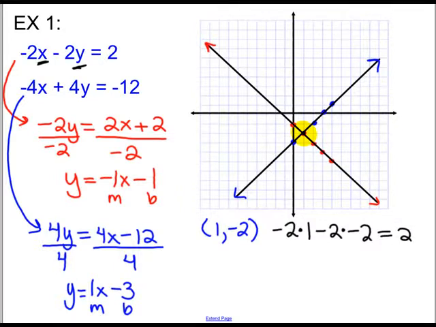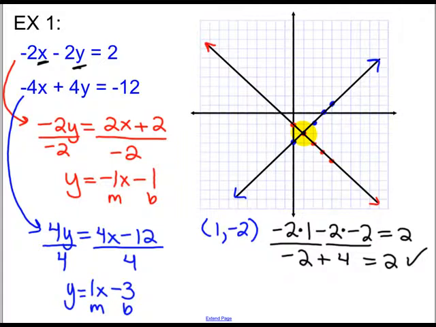I'm going to check it and make sure it works. Order of operations, I do multiplication first, so negative 2 times 1 is negative 2. This is like a negative 2, so negative 2 times negative 2 is a positive 4. And negative 2 plus 4 equals 2. So that does work. That one checks, but it has to work in both.